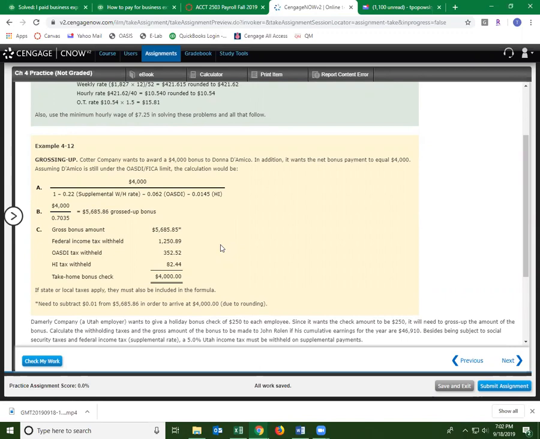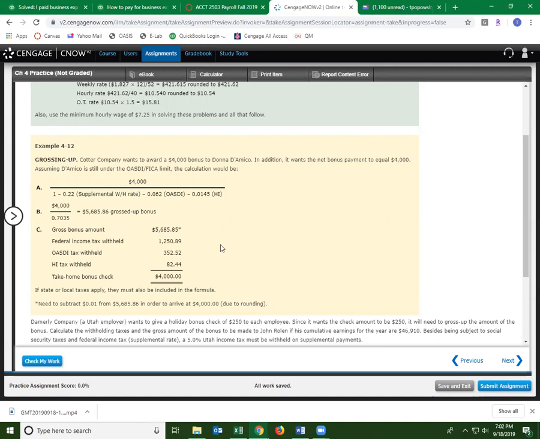In this example that we're seeing in the yellow here, they want to actually give Donna D'Amico a $4,000 check. So in order to do that, they have to kind of work backwards to figure out what the gross amount would be and still take out federal income tax and then both our FICA taxes, Medicare and Social Security. So we have to kind of work backwards for that formula.